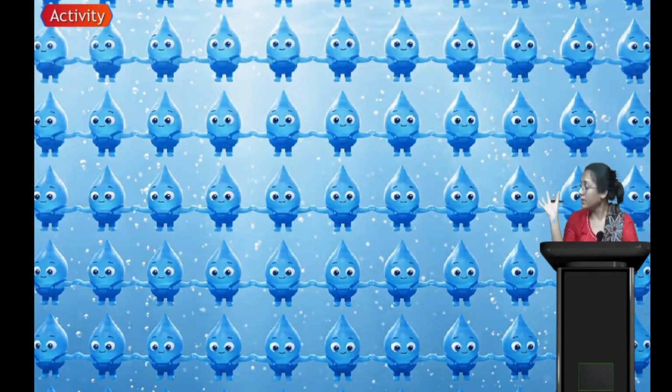If we want to examine, we can easily observe that the water particles are arranged in some kind of manner like this. In solids, we observed that the particles were closely packed with each other. But in case of liquid, what? There is too much gap between the particles, isn't it?